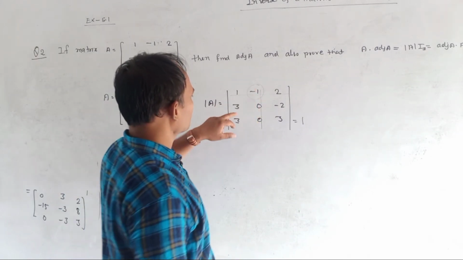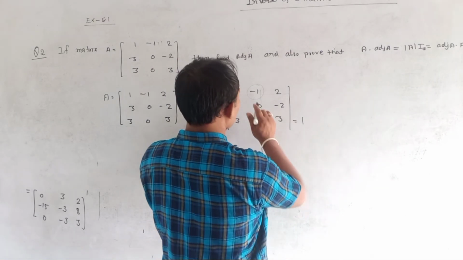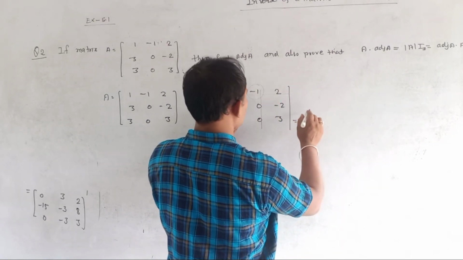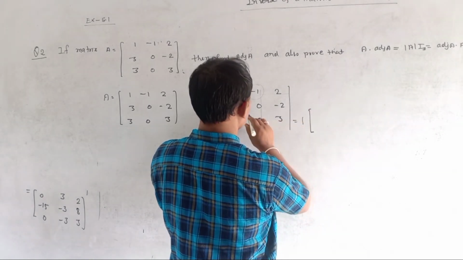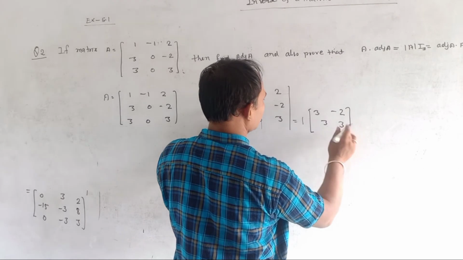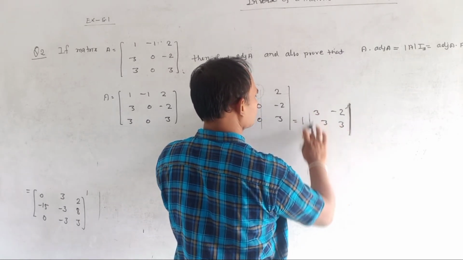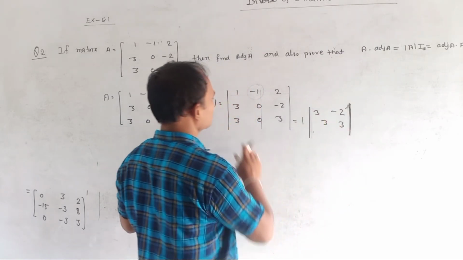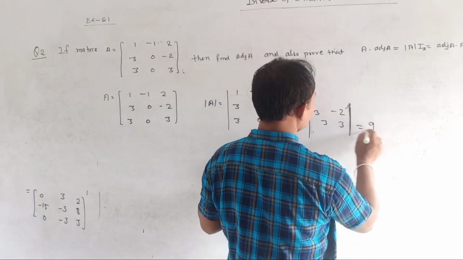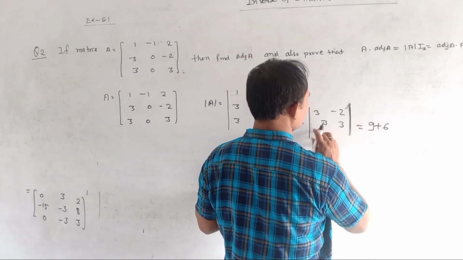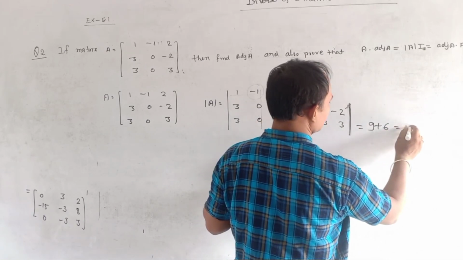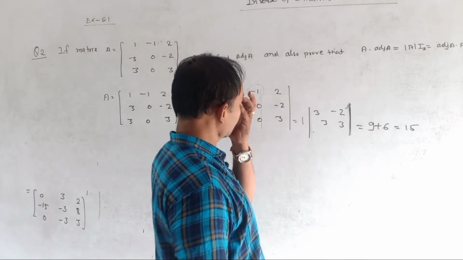Okay, so now when we are going to find it, we have to eliminate this and this, so the value is the determinant of 3 minus 2, 3 and 3. So 3 minus 2, 3, 3, so we can say that it is 9 plus 6, so it is 15.